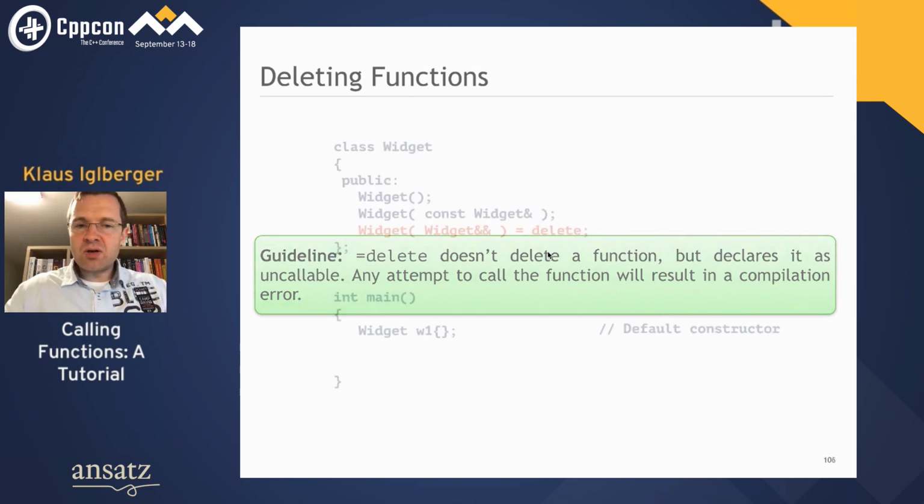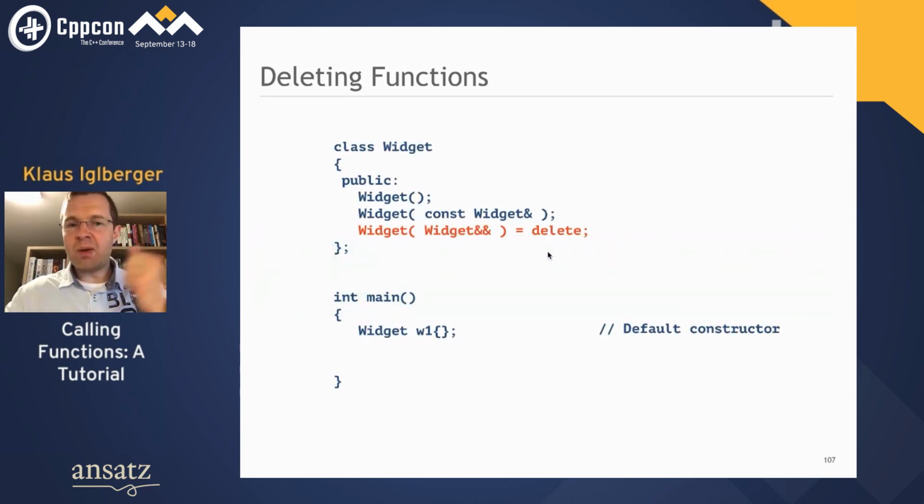But of course, there's also implications. And you might remember the rule of 5, which is C21 in the core guidelines, that suggests that you delete some of these special member functions whenever necessary. However, deleting, for instance, the move constructor has different implications than not writing it.